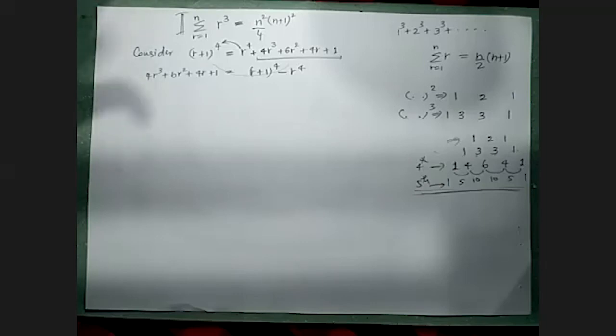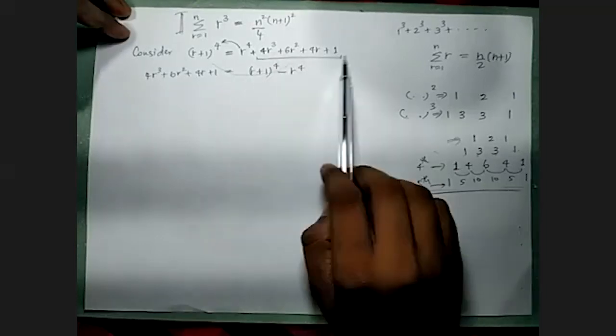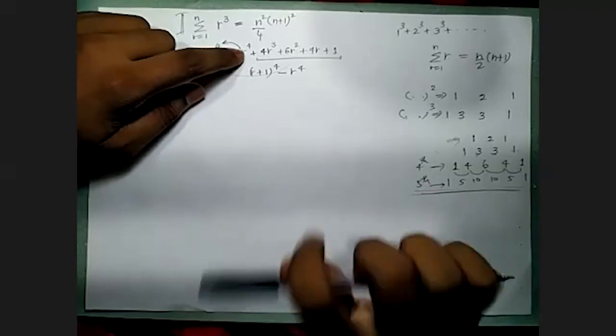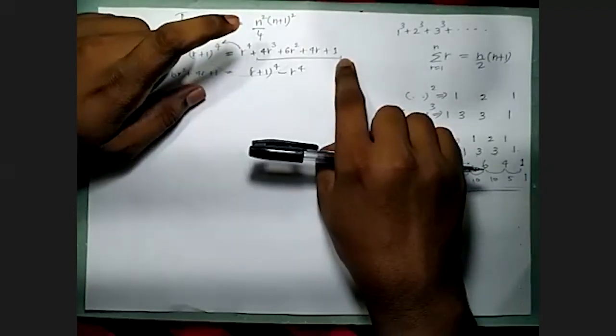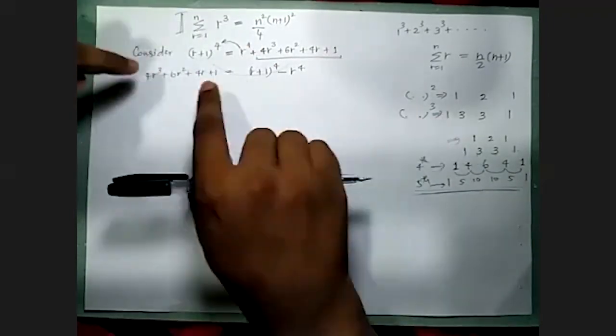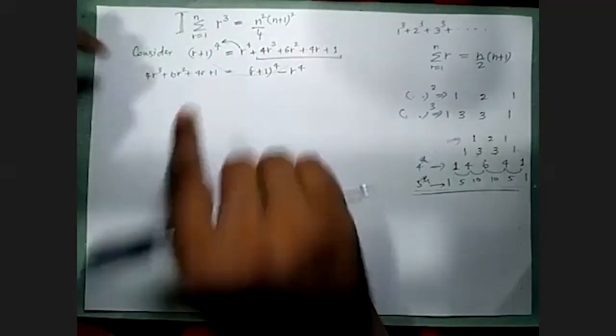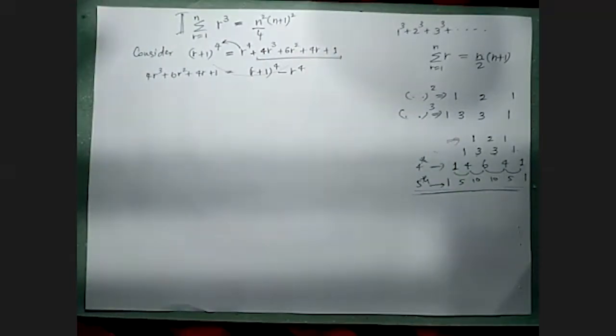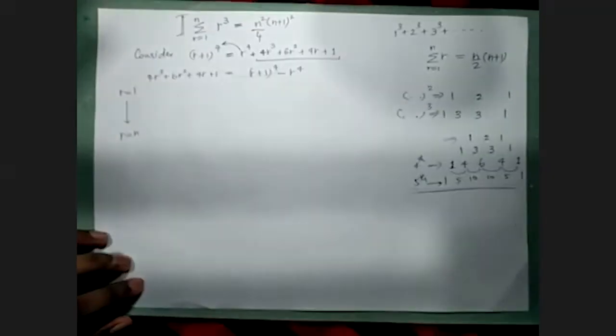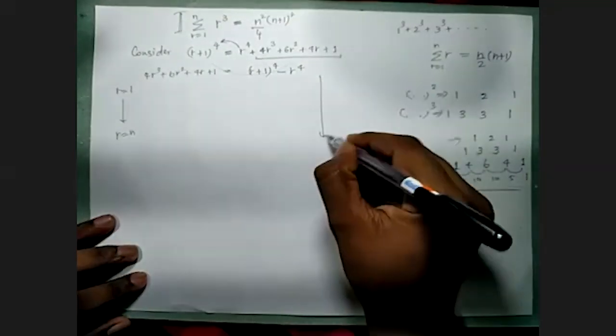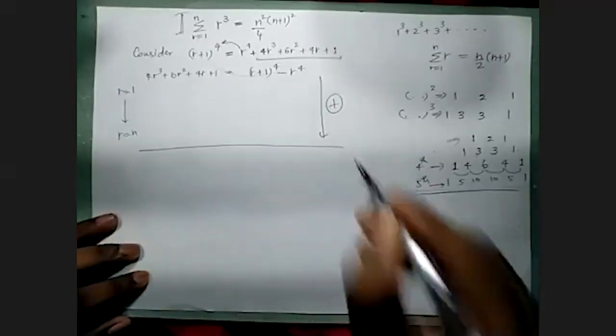In previous proofs as well, we did the same thing. Keep in the first term. In this side, I wrote all the other terms in left hand side. Now substitute from r equals 1 to n. Then you will get those terms and take the sum. Then you can get the answer.